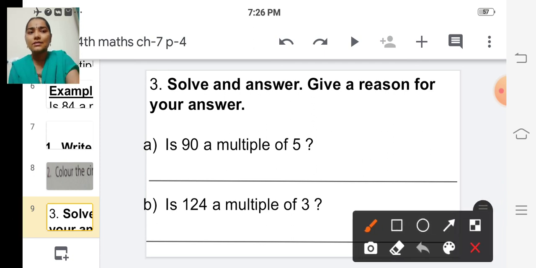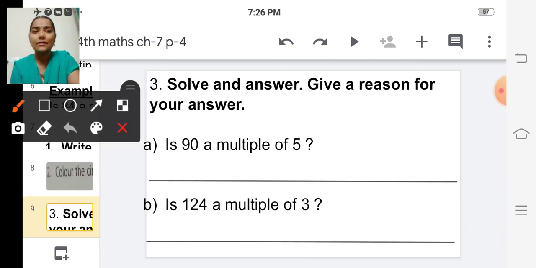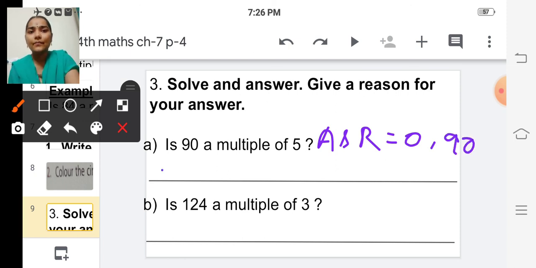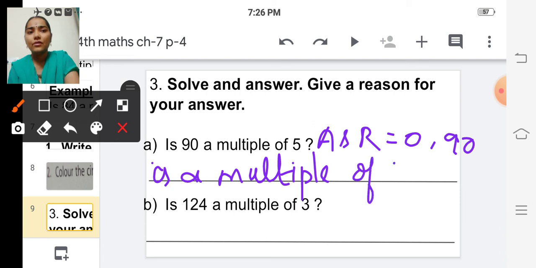As remainder is 0, how to write? As remainder is 0, 90 is a multiple of 5. Okay.